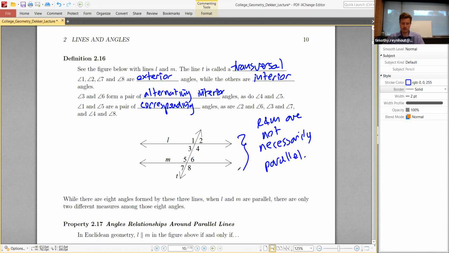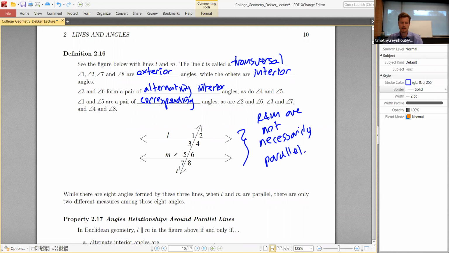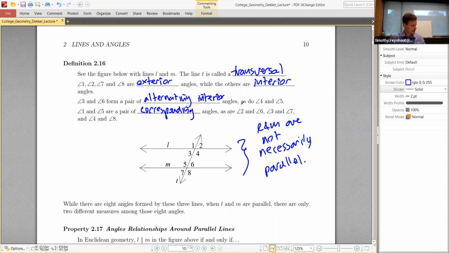When they are parallel, we have a bunch of further results, which result from things that we've already discussed. Lots of terms have been introduced. All right, so based on our results of having linear pairs and then vertical angles, when L and M are parallel, we have a lot of results about alternating interior angles and corresponding angles and so forth.